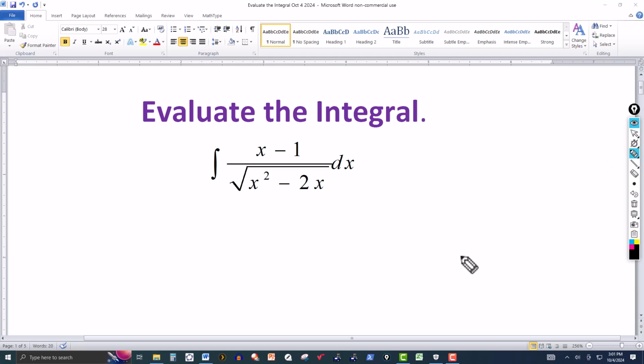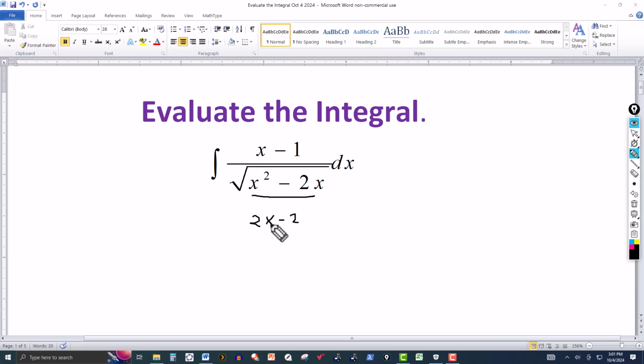But the first thing I like to look at is, is there a U-substitution I can use to make this easier to evaluate. As always, there could be more than one way, in some cases 2 or 3, depending on the integrand. But I look at this right here, and I take the derivative of this, and I get 2x minus 2.